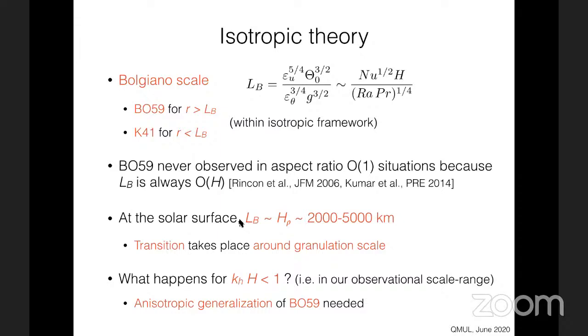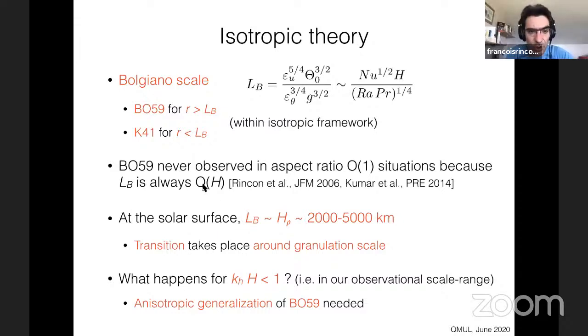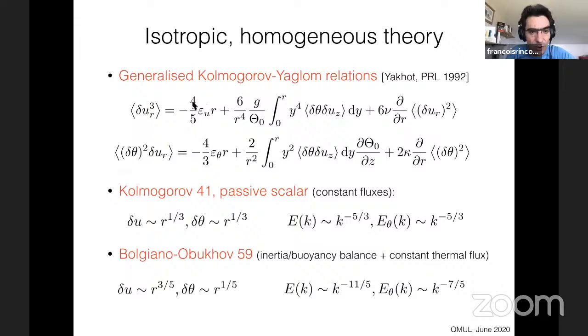Yeah. So the point is, this scale is not only the separation between Kolmogorov and Bolgiano, it's also what separates isotropy and anisotropy. Because here this term is isotropic in terms of the correlation vector, it just depends on the magnitude.